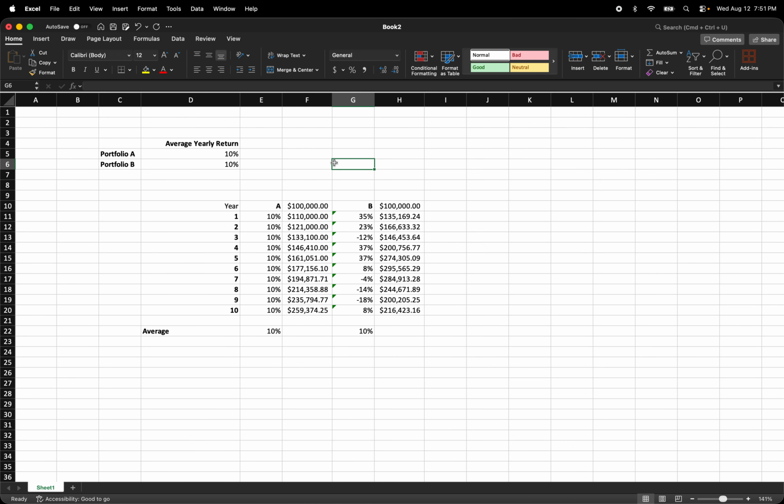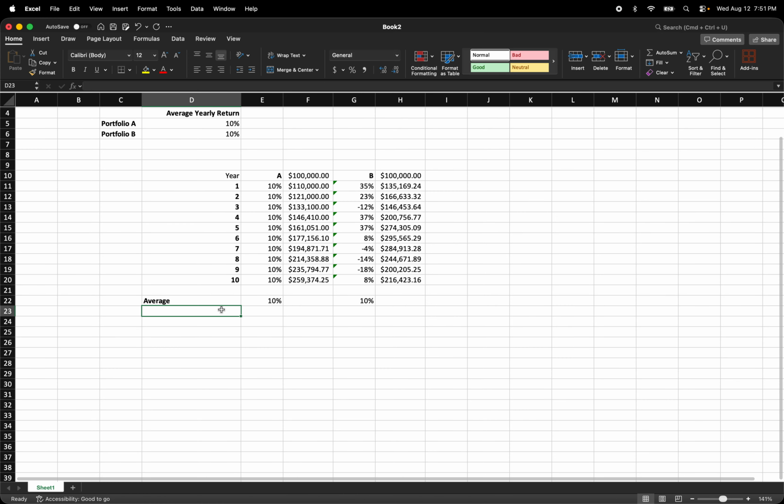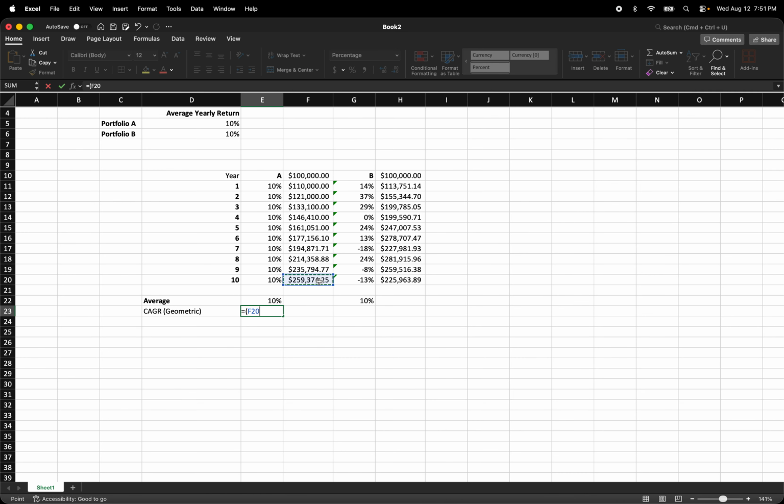One way to express this is through the compound annual growth rate, or the geometric return. Geometric return is the ending divided by the start, raised to 1 over how many years, minus 1. So 10%, we're compounding 10% every year. What do you think this one is?